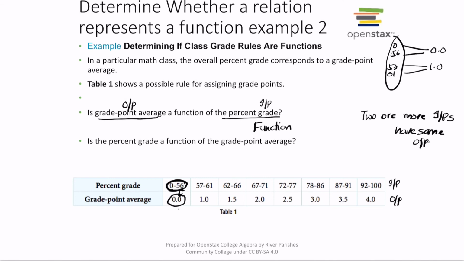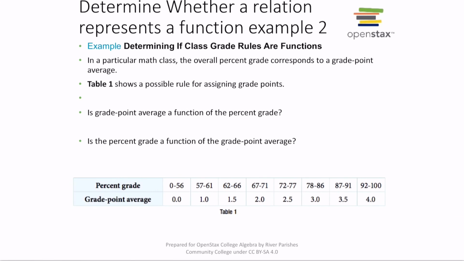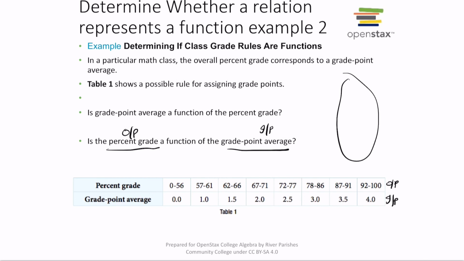Let's look at the reverse. The reverse is: is percentage grade a function of grade point average? So here the grade point average becomes the input and the percentage grade becomes the output. Notice here in this reverse part, this is the input and this is the output. For example, let's take the grade point average in the input part: 0.0, 1.0, 1.5.